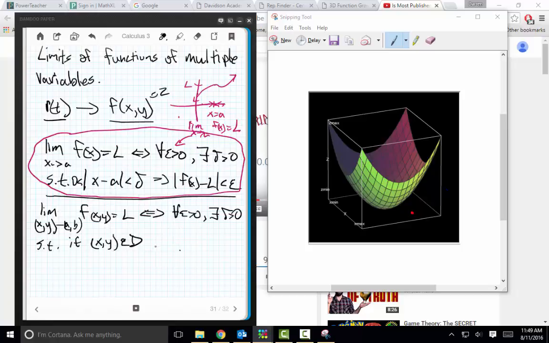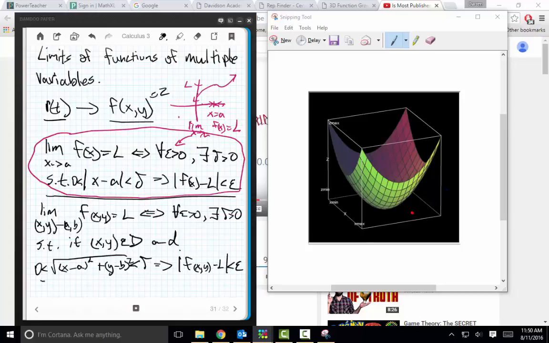So we're taking x, y out of there, and now this is where it gets a little bit crazy. If the square root of x minus a squared plus y minus b squared is greater than 0 and less than delta, then this implies that absolute f of x comma y minus L is less than epsilon.